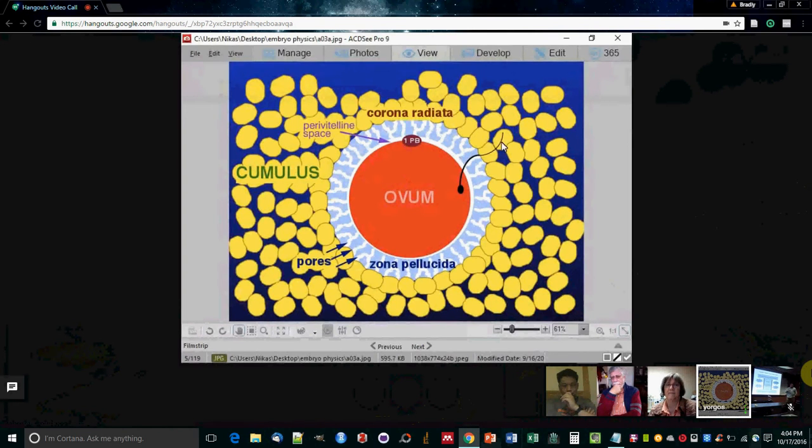People think that it makes its way between these corona radiata cells, and then it digs a channel inside the Zona pellucida to meet the ovum.